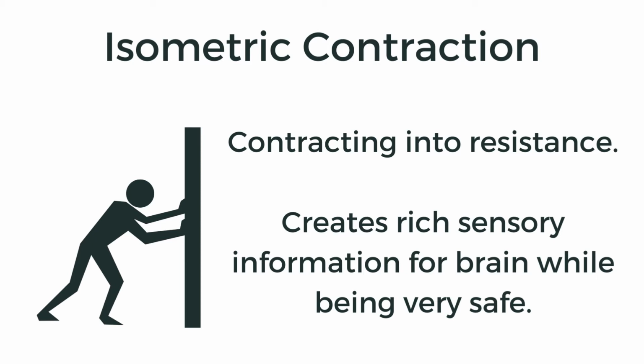Contraction creates a lot of sensory information for the brain. It creates a lot of information, and the lack of movement at the joint is very safe because you're kind of locked in this position that you're confident in. So nothing sudden is going to happen, nothing unexpected is going to happen, and you're getting that rich information from the muscle contraction and everything that's going on there.